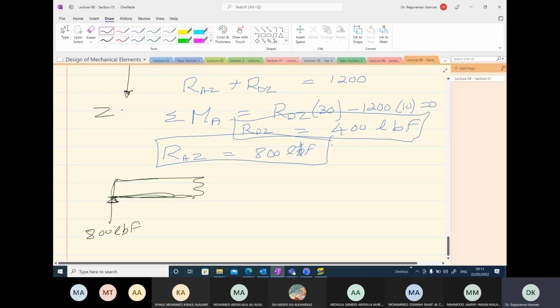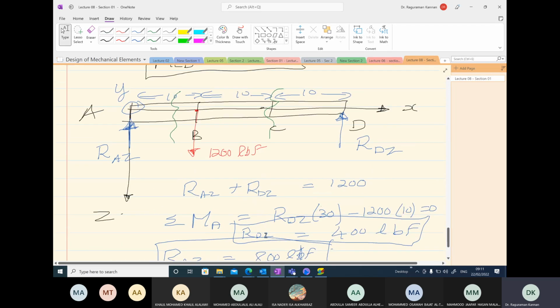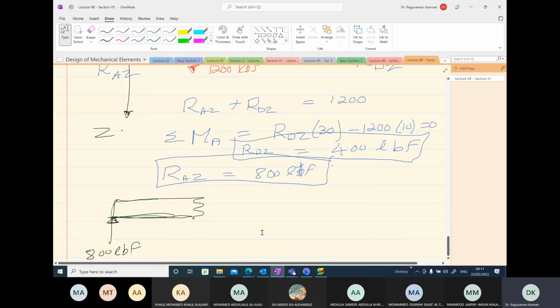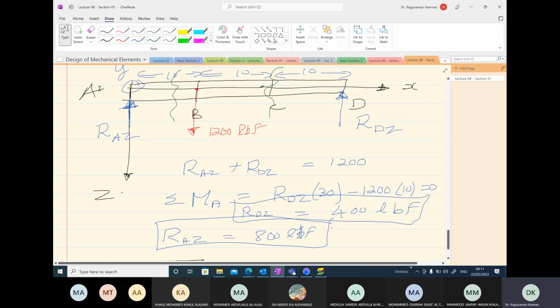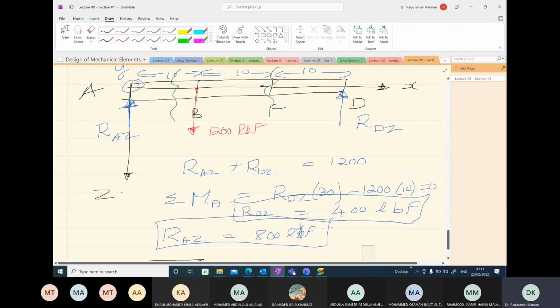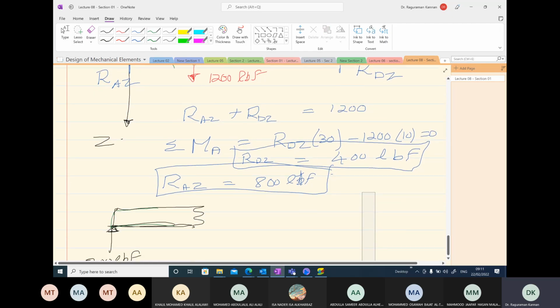And again, as usual, we need to assume the sign convention here. So what is the positive direction? Since we are on the XZ plane, the sign convention should be carefully applied here.